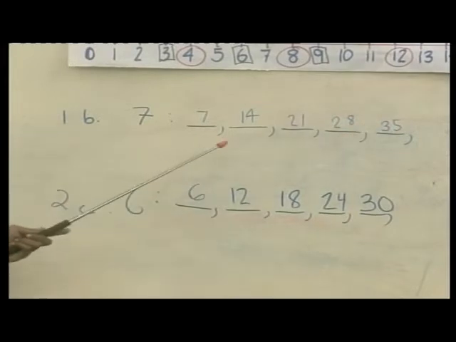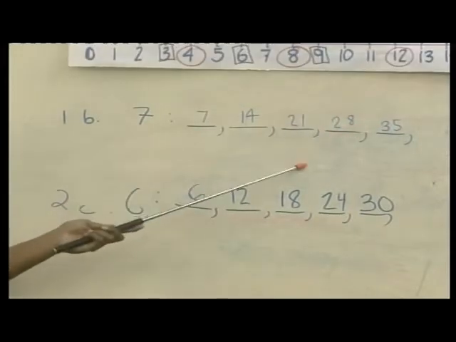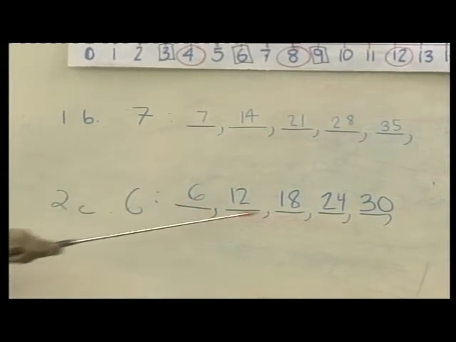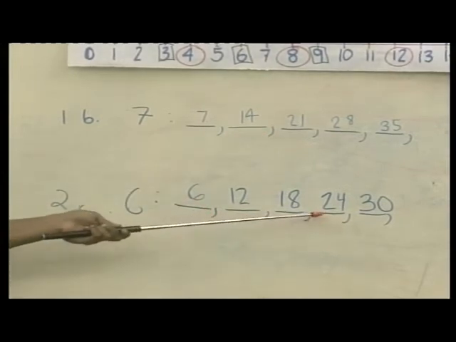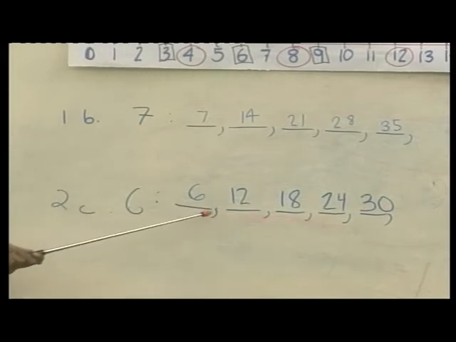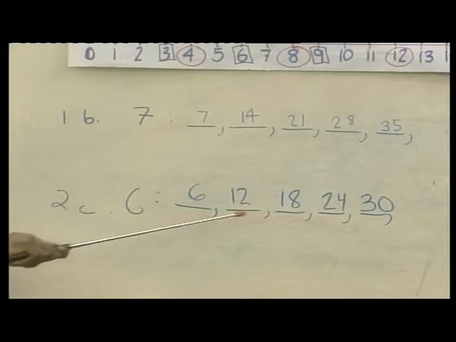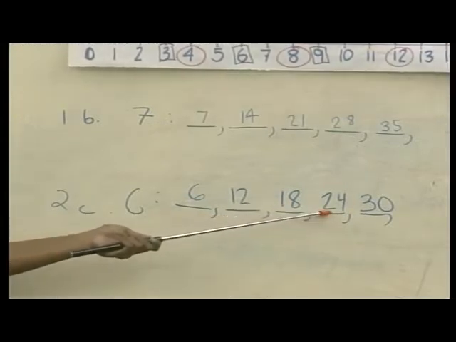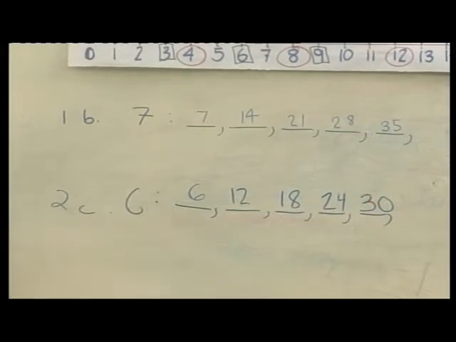Okay, good. So first 5 multiples, they're correct for 7. Now let's try 6. All correct? Yes? All right, let's go. 6 ones, 12, that's a 30. Okay, good.